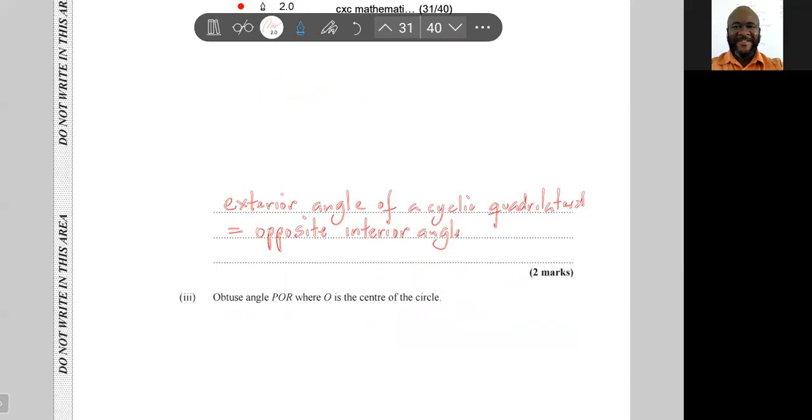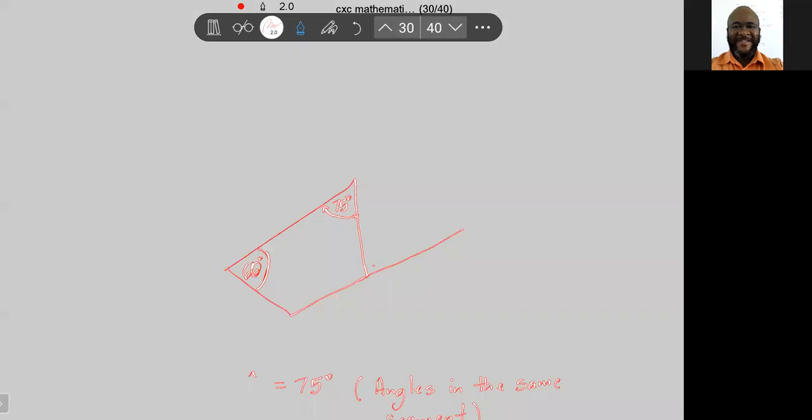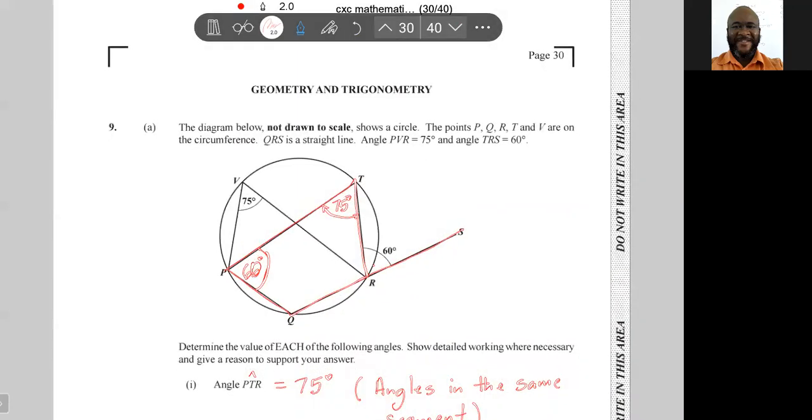All right. Next, we're asked to find the obtuse angle POR, where O is the center of the circle. We don't know where the center is, but we're told the center is O, and we're asked to find POR.